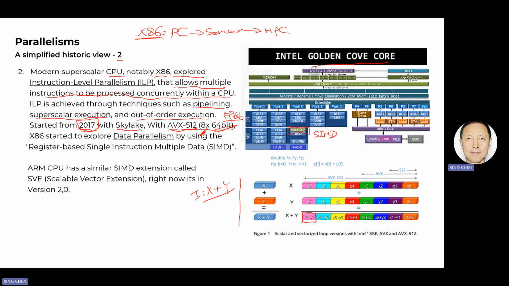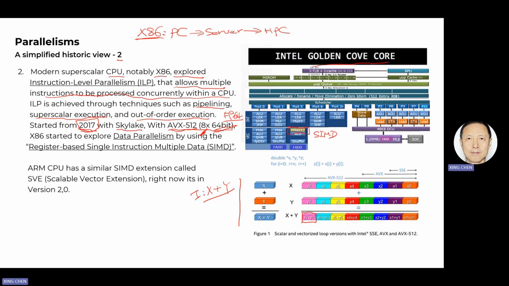And to do that, you need hardware with multiple functional units. Each functional unit is going to execute the same instruction, but each functional unit is going to execute on different data.